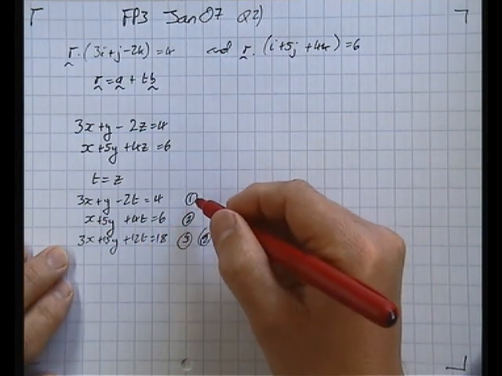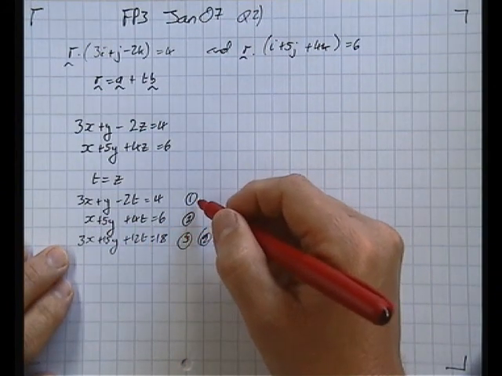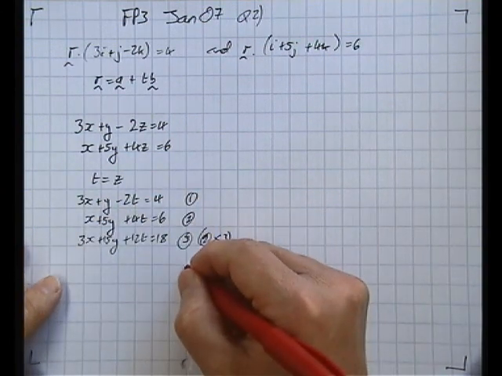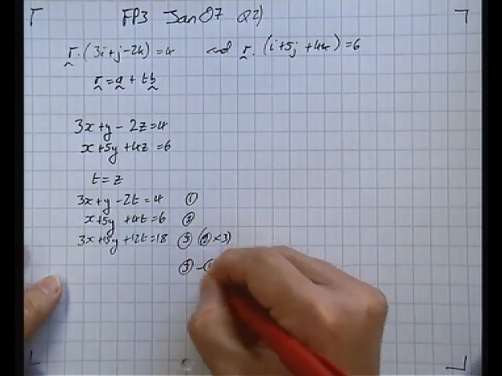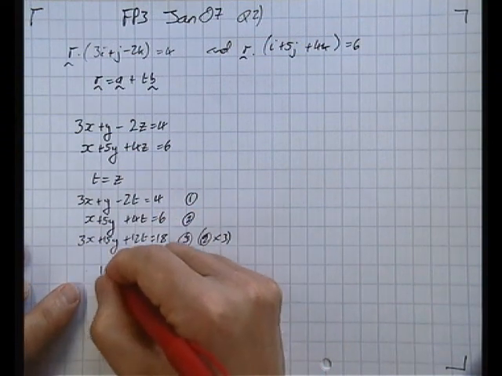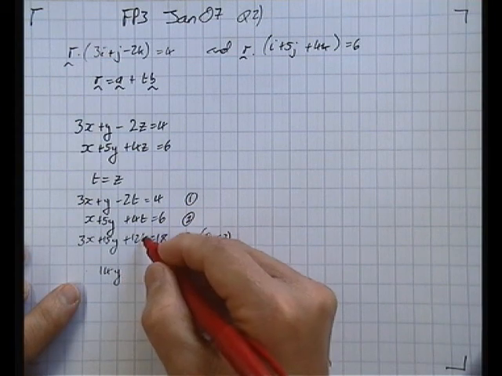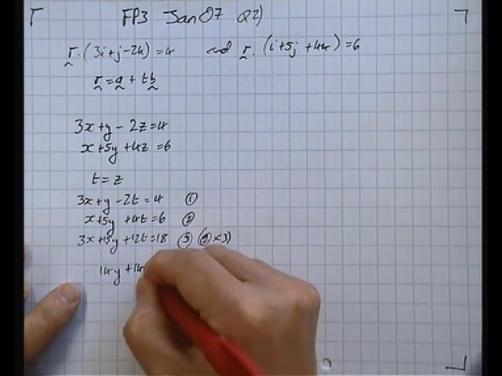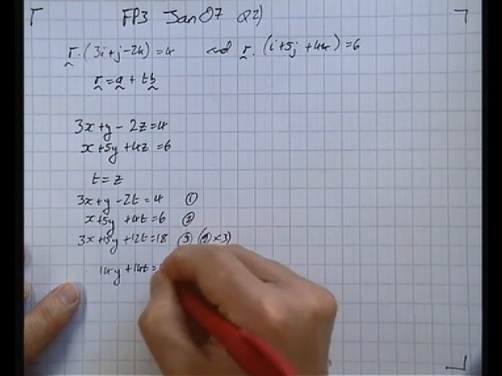Then I can subtract equation 1 from equation 3. So this is equation 3 minus equation 1, and that's going to be nothing for the x, that's the whole point of that. 14y, 12t minus 2t is 14t, and then 18 minus 4 is 14.